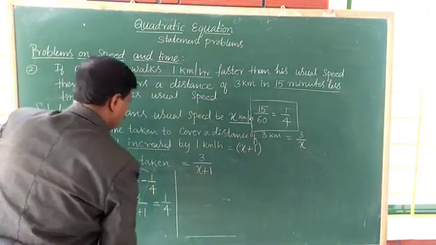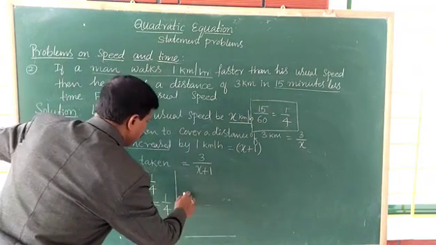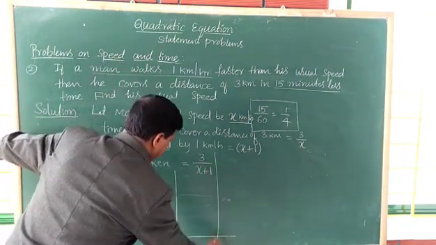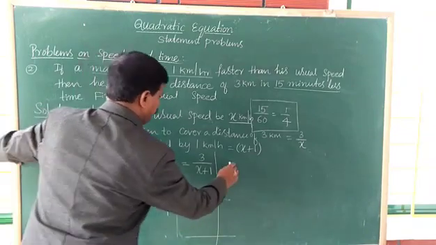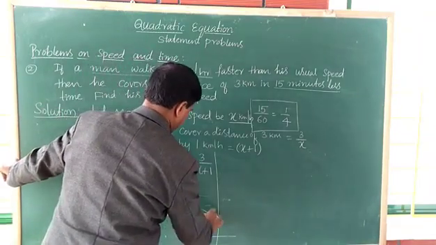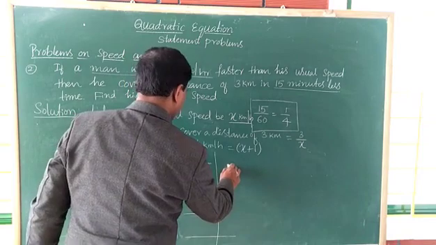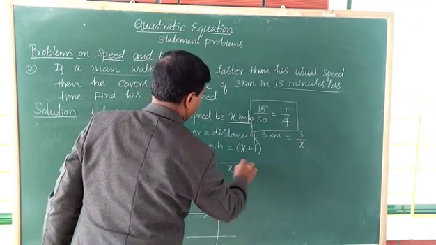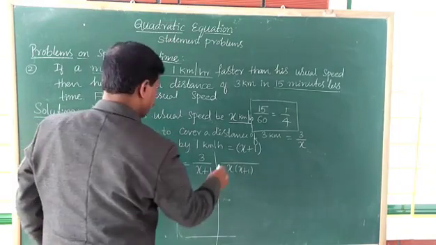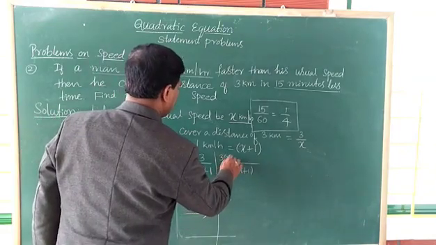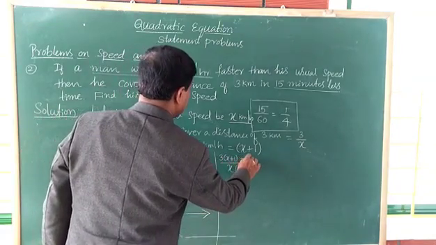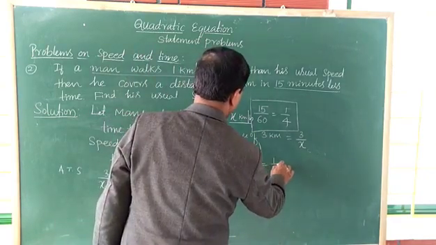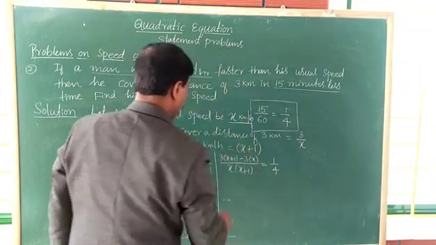Now taking LCM, writing here x into x plus 1. So cross multiplication, 3 into x plus 1 minus 3 into x is equal to 1 by 4.